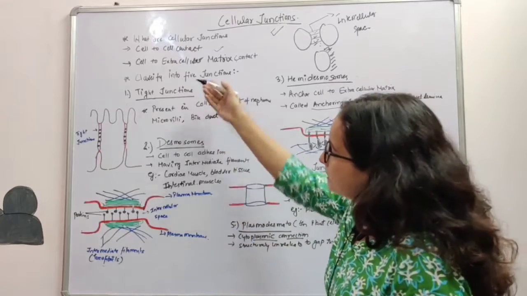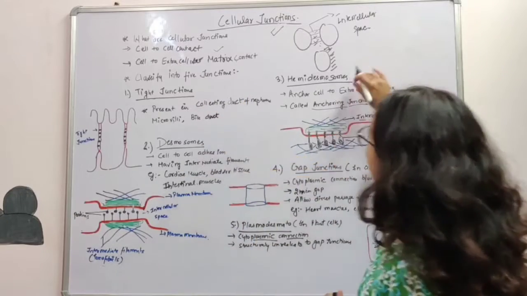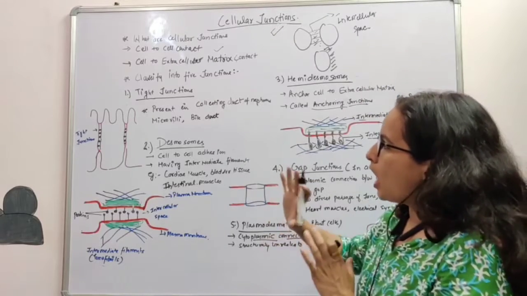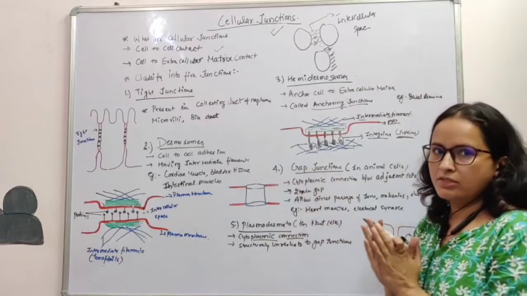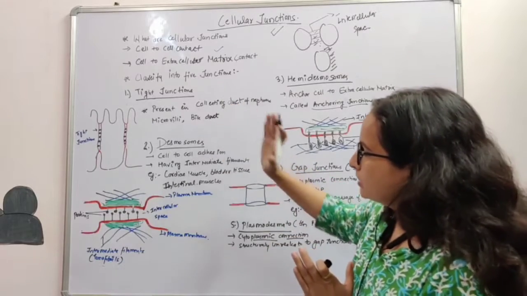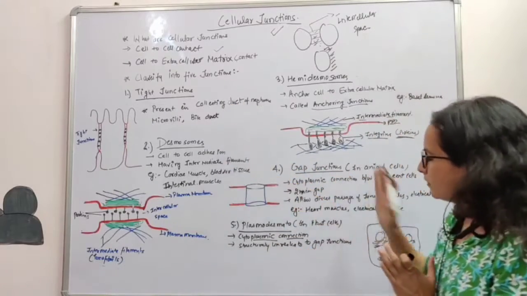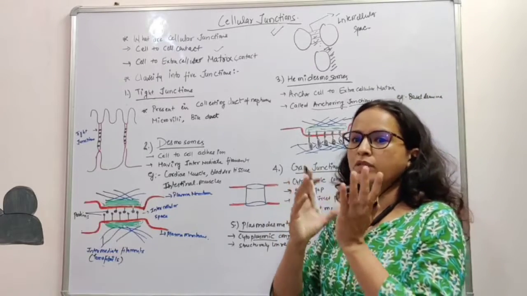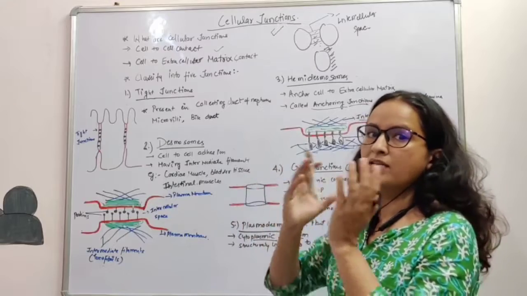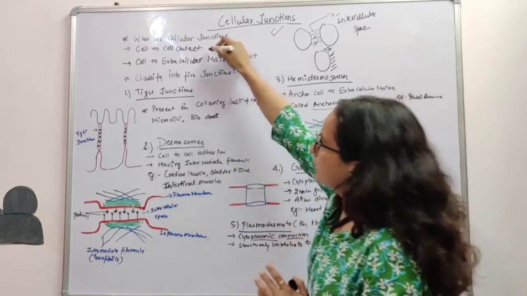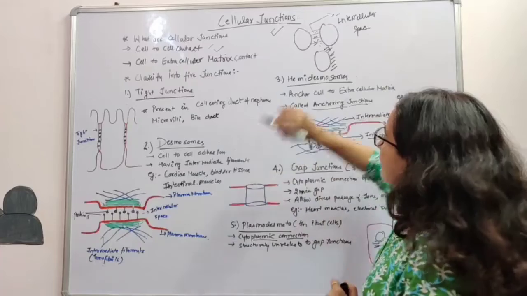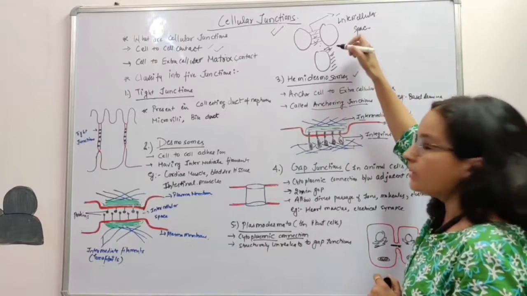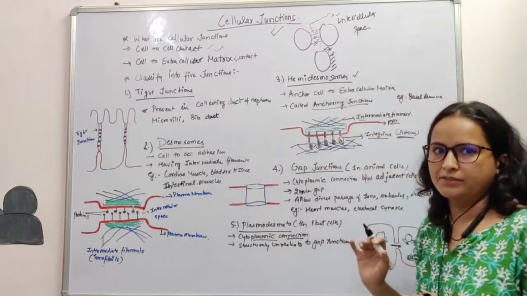Out of 5 junctions, 4 junctions, tight junction, desmosomes, gap junction and plasmodesmata, form a cell to cell contact. And the hemidesmosomes form a contact with the extracellular matrix.